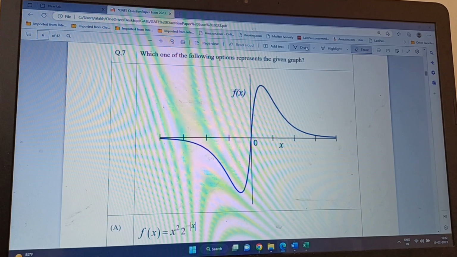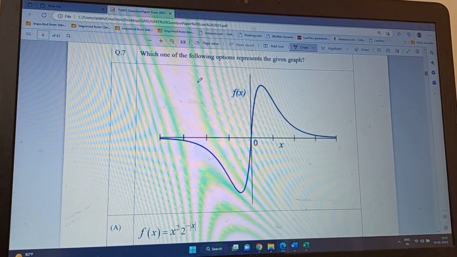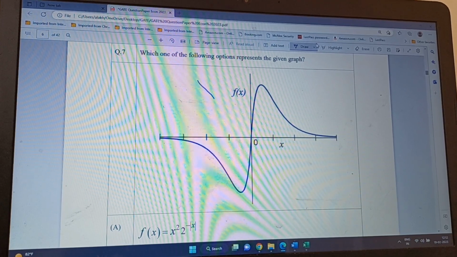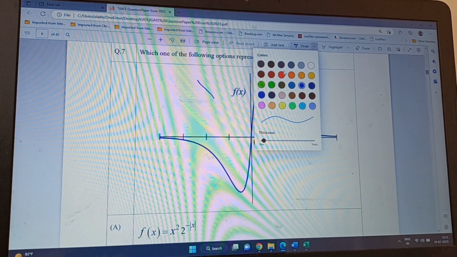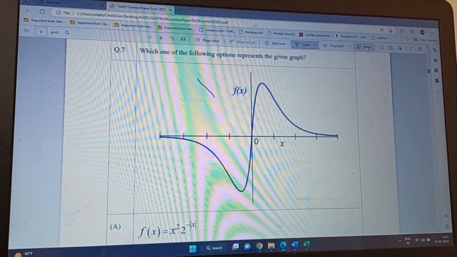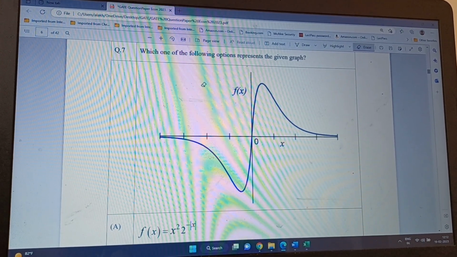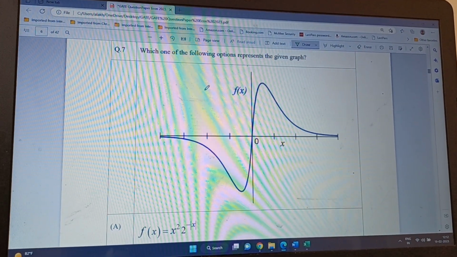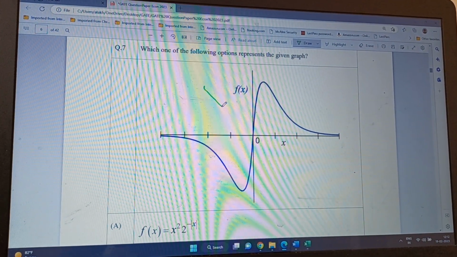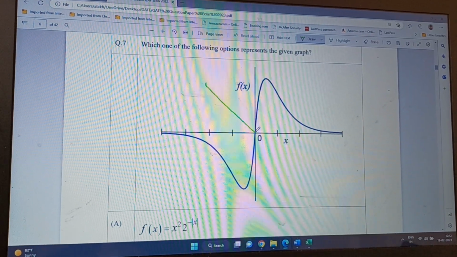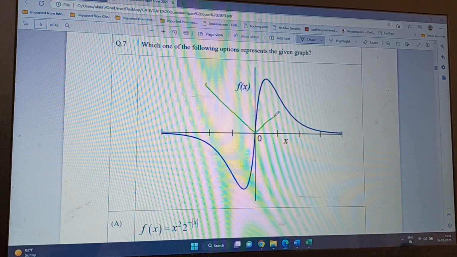The graph of C would be exactly like, let me change the color so that you are able to see, let me use a green color, and then I erase this part so that it doesn't confuse you. Now I draw the graph like this. The graph of C would be straight here, it will meet 0, and from here it will be straight like this.